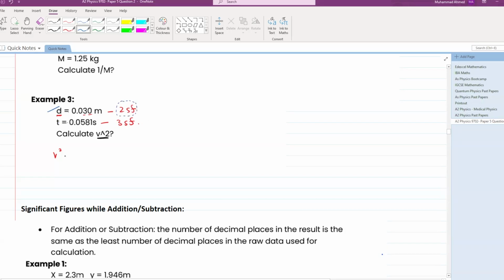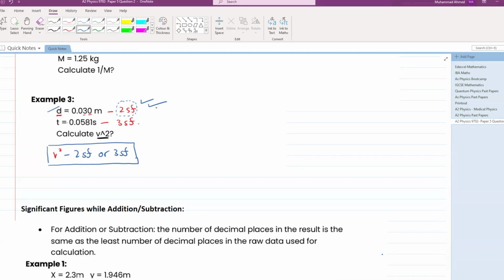So your velocity square will have either 2 or 3 significant figures. Whenever we are determining the number of significant figures for the calculated value, we always consider the least number of significant figures in the raw data.